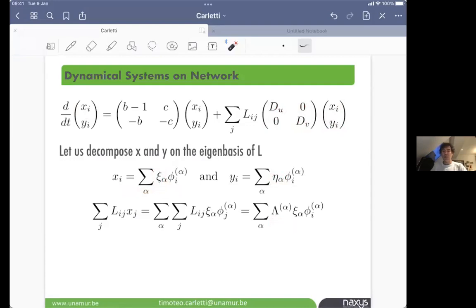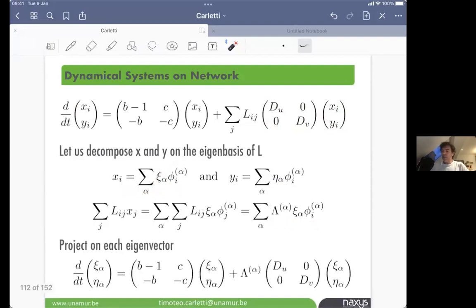Just a bit of algebra. Once you do this, in the equation on top, if you replace x and y with the projection, and you use the fact that the eigenvectors are orthonormal, you end up with a new equation projected on each eigenmode.